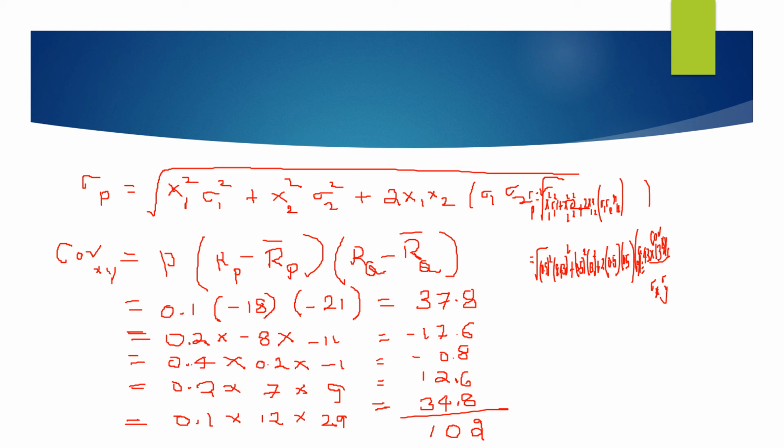So covariance of xy is equal to, what is the value we got? It is 102 upon standard deviation x, which is 8.43, and for the second stock it is 13.